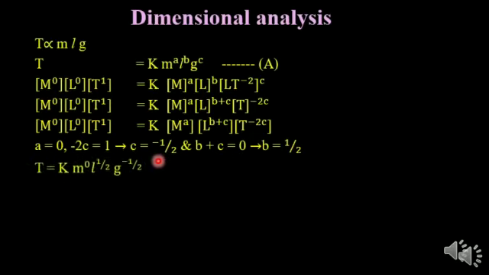Substitute these values in equation number A. Then the time period is T equals k M to the power of 0, L to the power of half and g to the power of minus half, which we can write as T equals k into root L into 1 by root g, or T proportional to root of L divided by g.